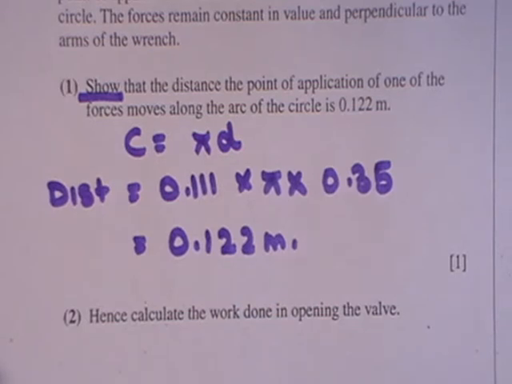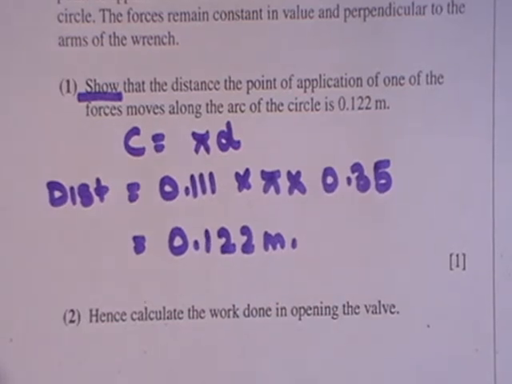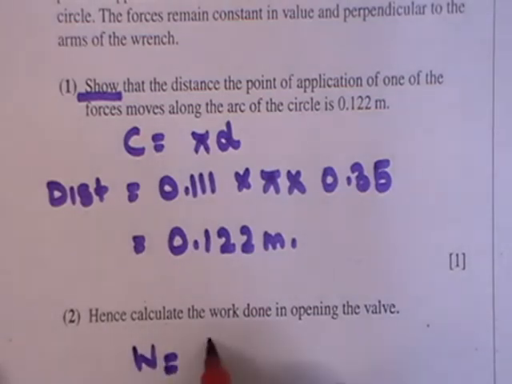Hence, calculate the work done in opening the valve. So the work done is equal to the force multiplied by the distance. The force used is at each end 64 times 0.122, the distance, and that gives you 7.81. But that's only the work done by one hand.